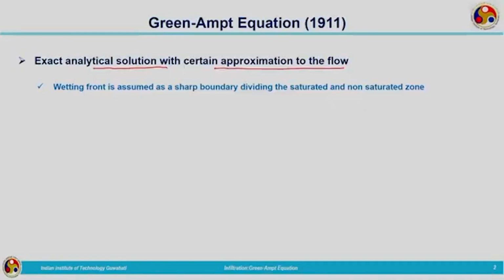In this, the wetting front is assumed to be a sharp boundary dividing the saturated and unsaturated zones. While discussing the soil moisture profile, we saw different zones beneath the ground surface, divided into 4 zones.